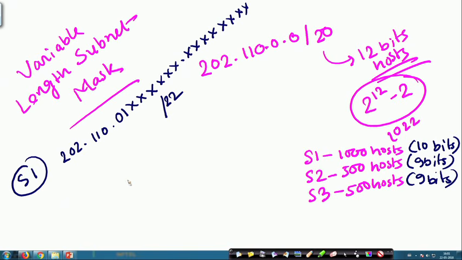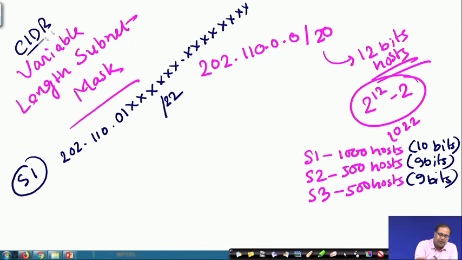Then in the second case, for these 2 subnets it is not required that you use /22 as the net mask, with the help of this variable length subnet mask, which is supported in CIDR. So, what you can do here, you can take 3 bits. While you are taking these 3 bits, you need to be a little cautious.